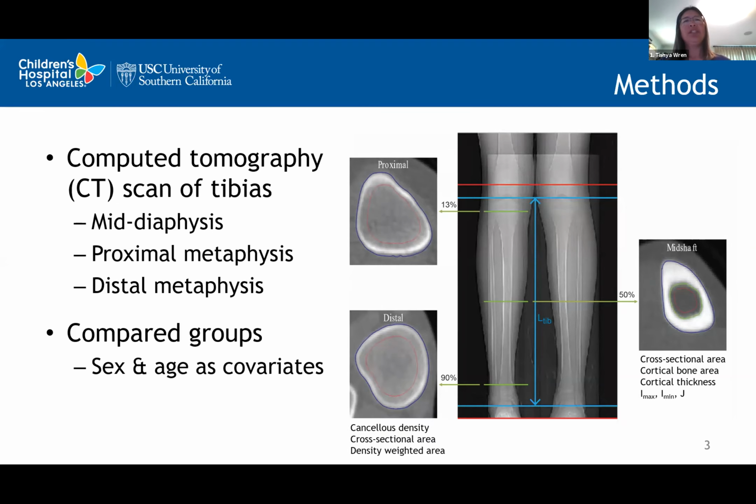In the metaphyses, we looked at cancellous density, cross-sectional area, and a density-weighted area, which is a surrogate for bone mass. These bone properties were compared among the different groups, meaning the different GMFCS levels and the controls. We used linear mixed models with sex and age as covariates.